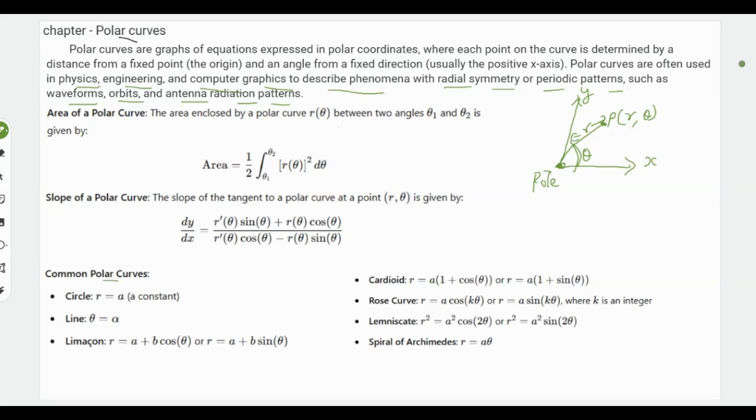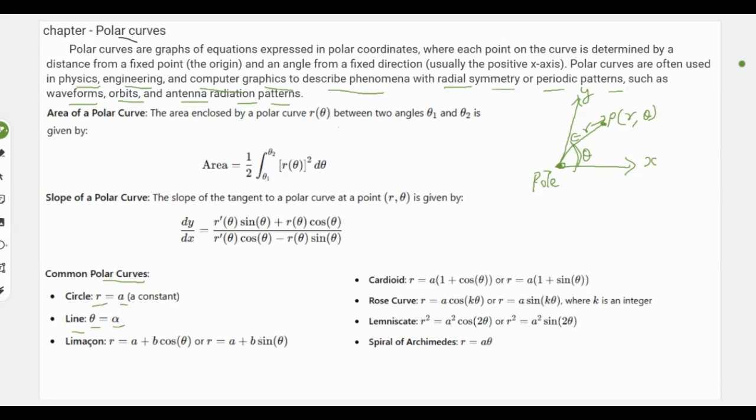Some of the common polar curves we'll discuss in this topic are the circle, where r equals a constant, a line, theta equals alpha, then the limacon, r equals a plus b cos theta or r equals a plus b sin theta.